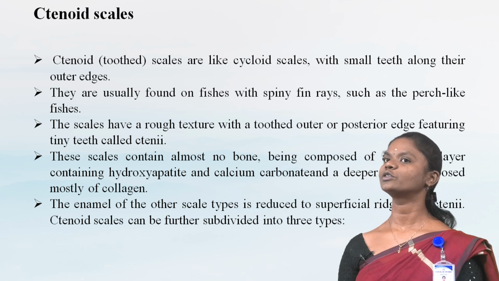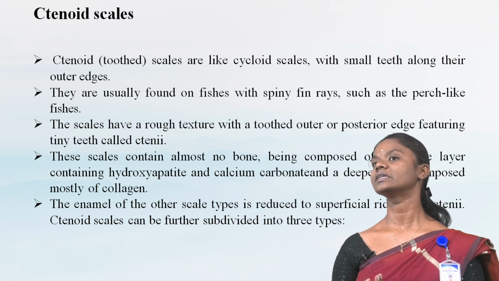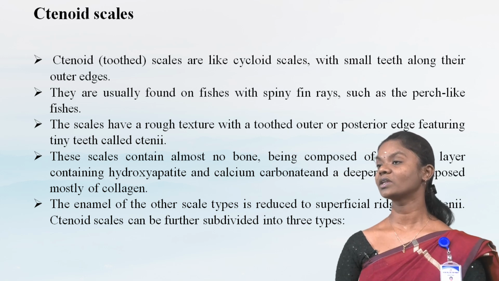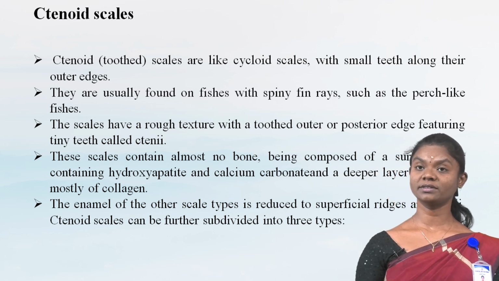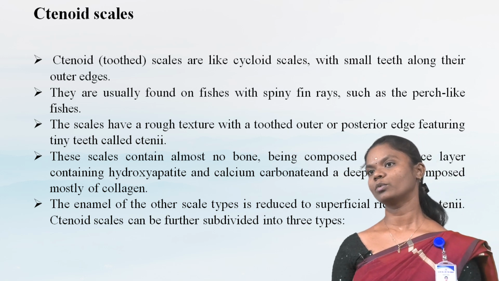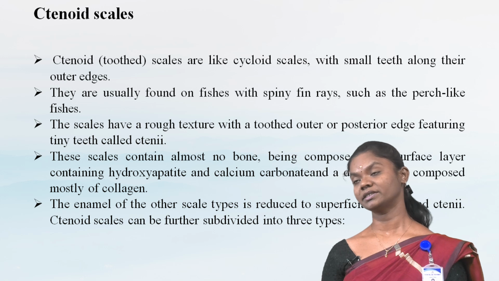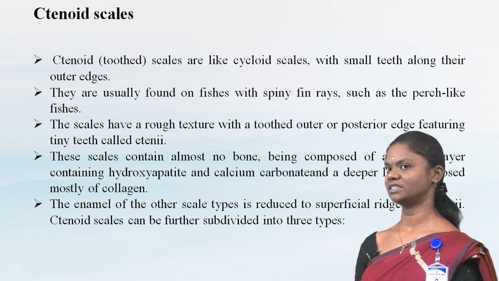They are usually found on fish with spiny fin rays, such as perch-like fishes. The scales have a rough texture with a toothed outer or posterior edge, featuring tiny teeth called ctenii.